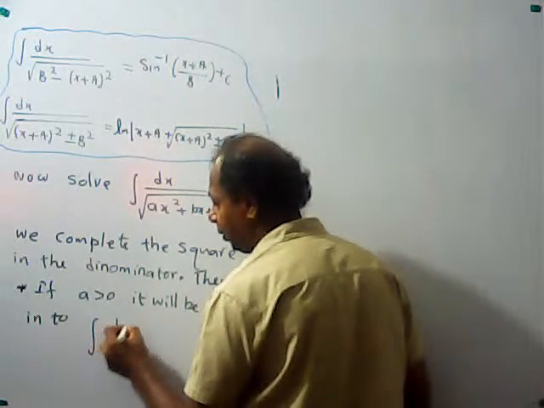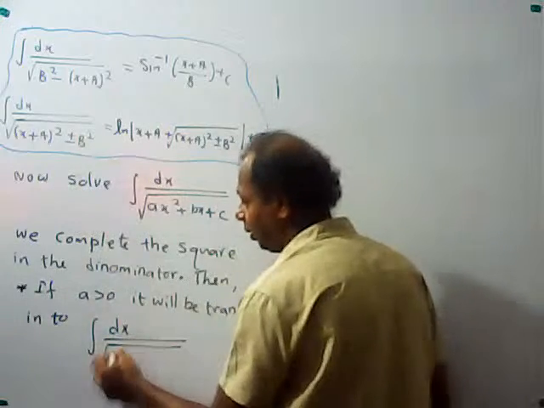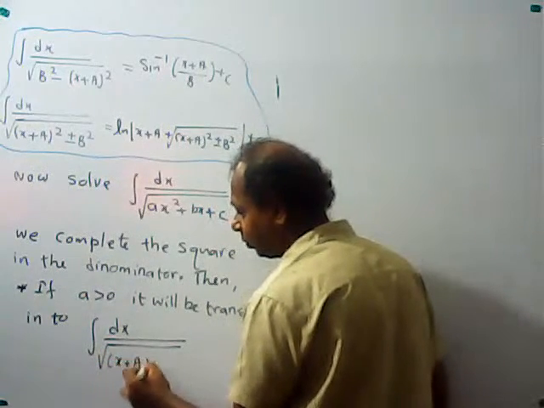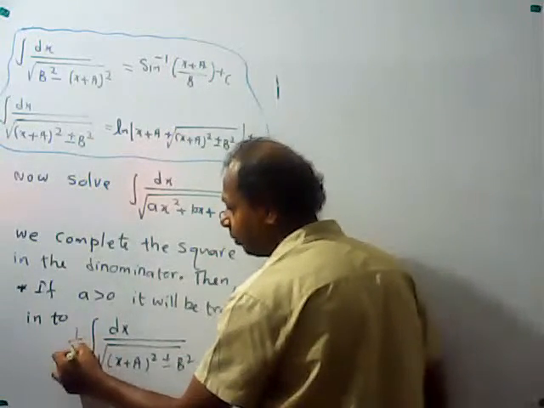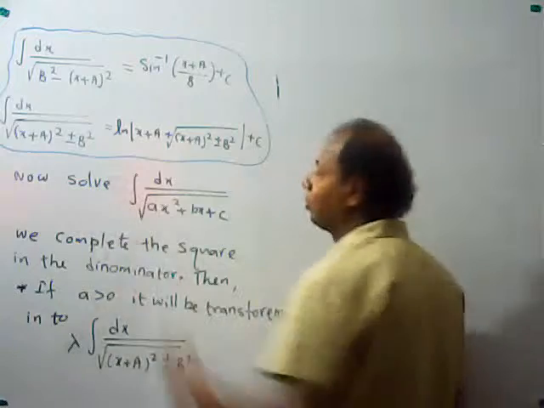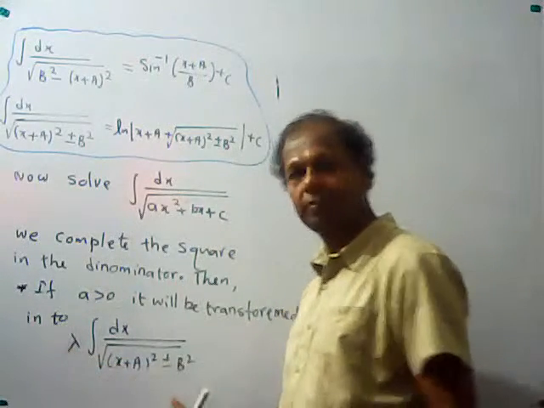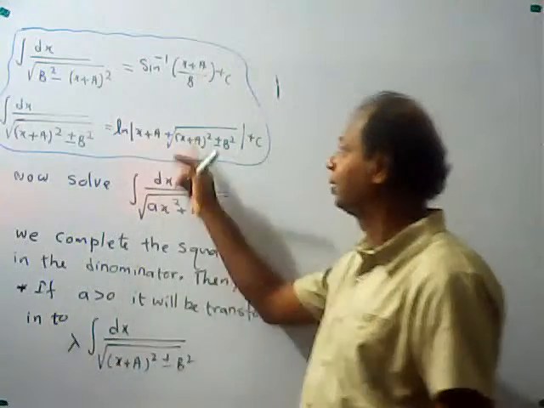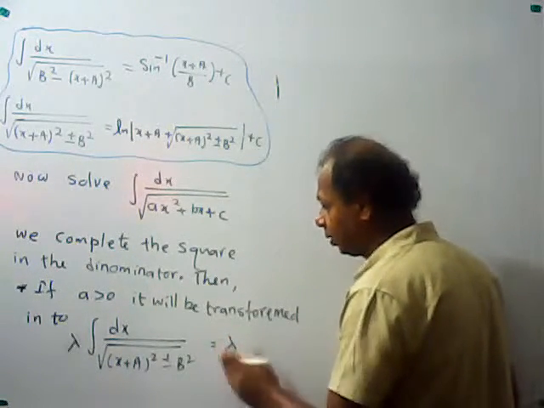If a is positive, it will be transformed into the integral dx over the square root of (x plus a) squared plus or minus b squared. Of course, there can be some lambda here, I'll just write some constant.